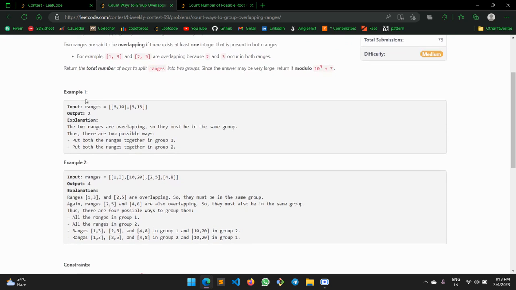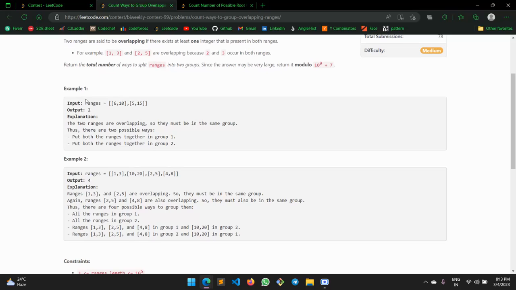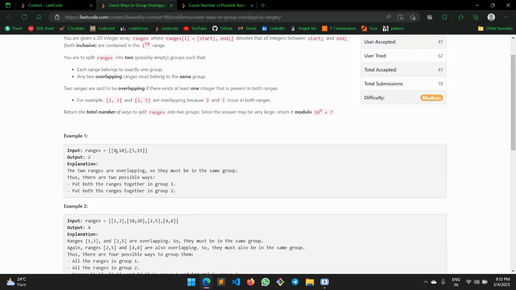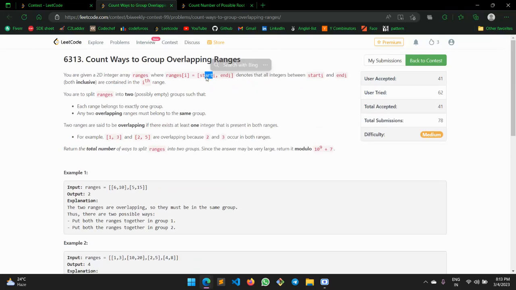The basic thing that comes to mind is to sort them, and we keep on multiplying every possibility that we get. Like here, the question is if we have to sort on the basis of start index or end index. Let's find this out.